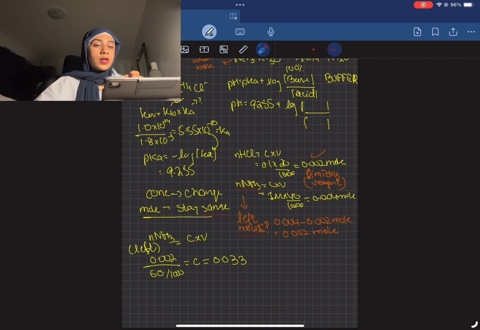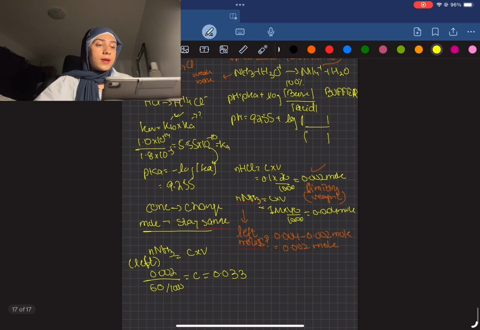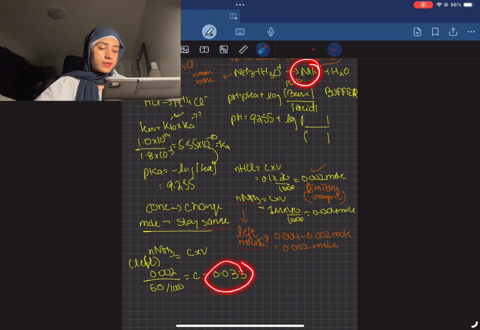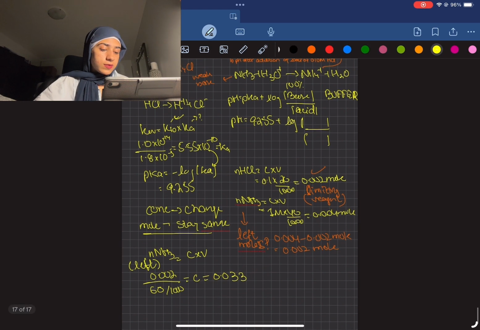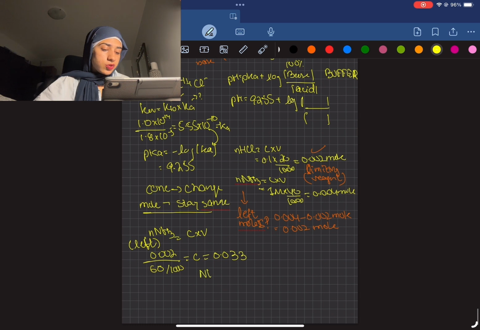So now, because NH3 is in 1-to-1 molar ratio with NH4, if I'm producing 0.0033 moles of NH3, I'm also producing 0.0033 moles for NH4 positive. So this would mean that the NH3 to NH4 positive ratio is 1-to-1.